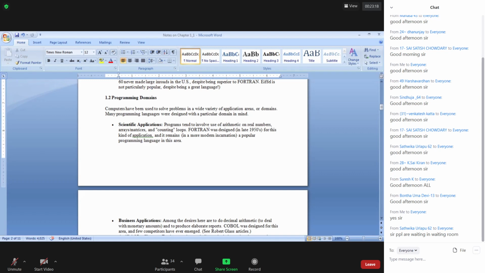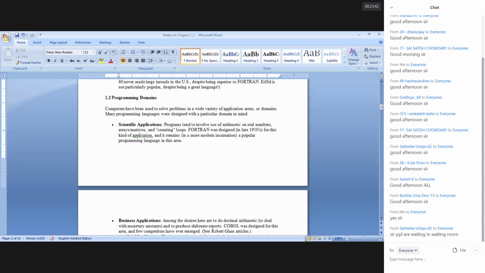There are many programming languages. Those programming languages are used to solve a variety of problems, right? So those variety of problems, if you categorize, you can categorize into some groups.